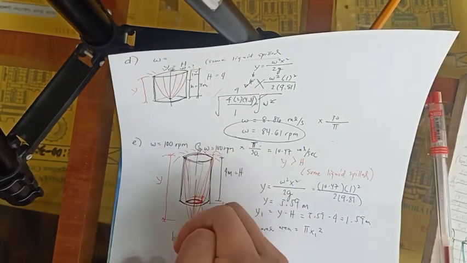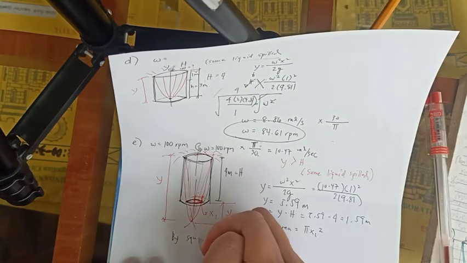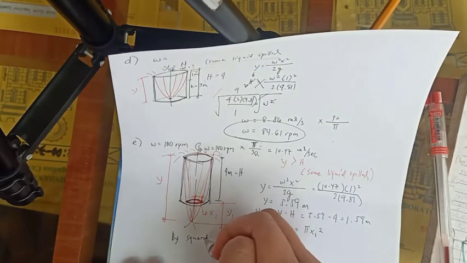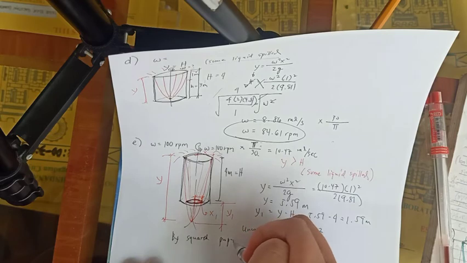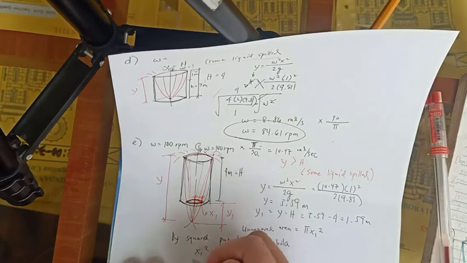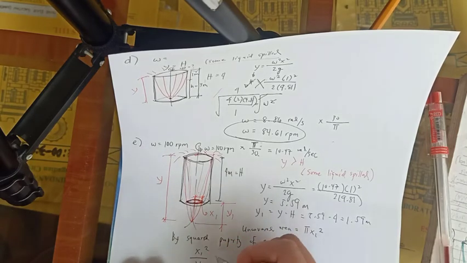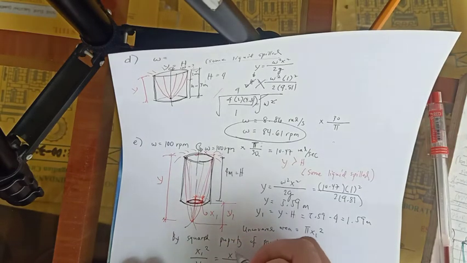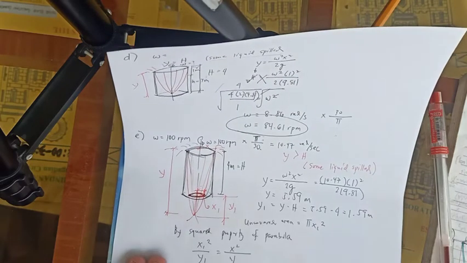So using the squared property of parabola, x sub 1 squared over y sub 1 equals x squared over y.